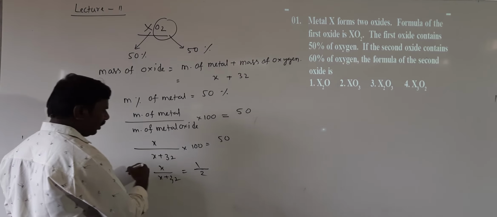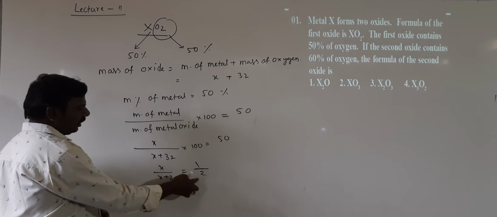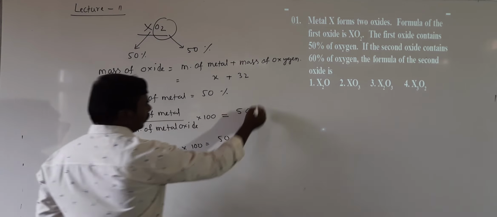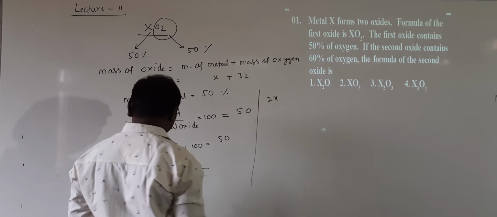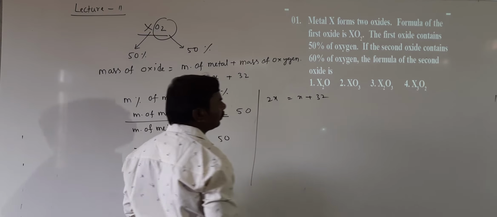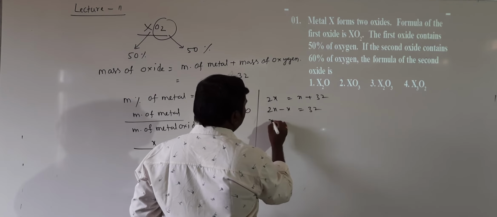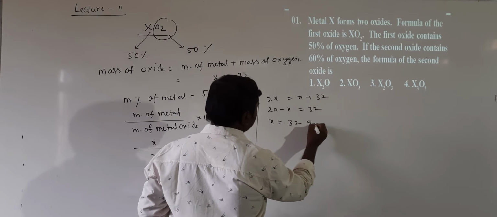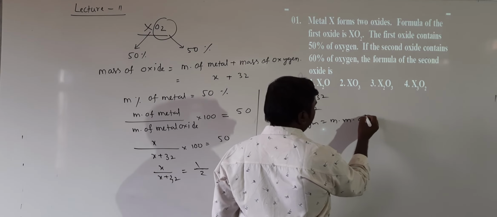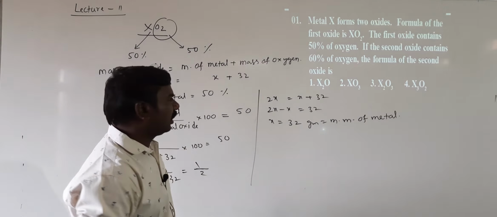On solving this you will get the X value: 2X equals X plus 32, so 2X minus X equals 32, where X equals 32 grams. It is the molar mass of metal. Clear? Molar mass of metal.